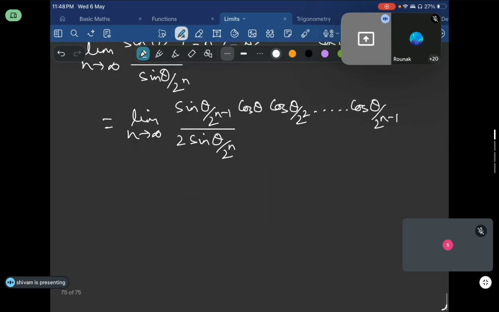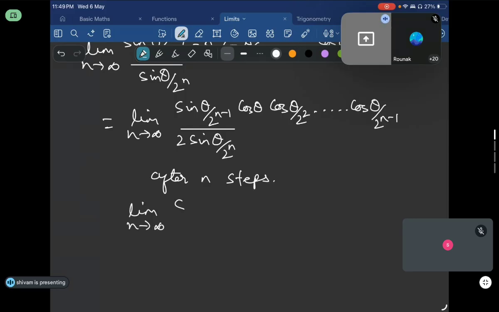So after n steps, what will you get? Are you people able to understand? After n steps, you will get sine theta in the numerator. After n steps, you'll get limit n tends to infinity.